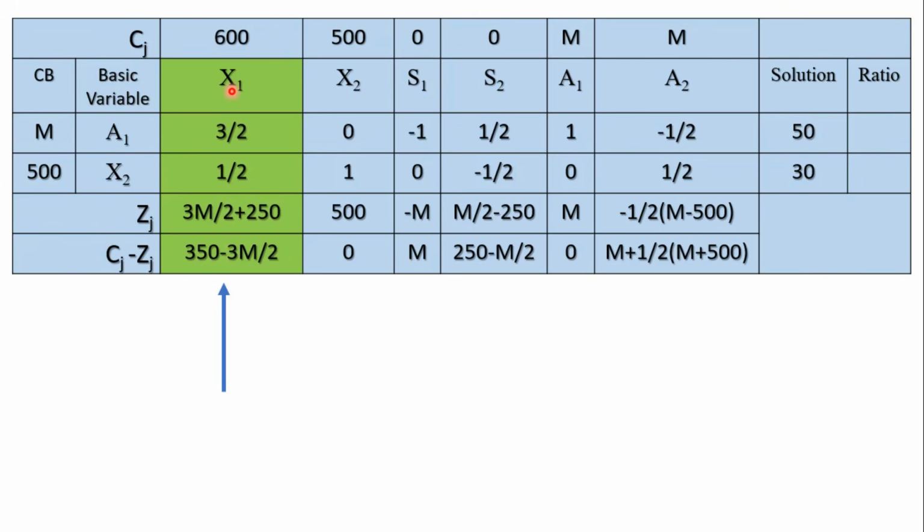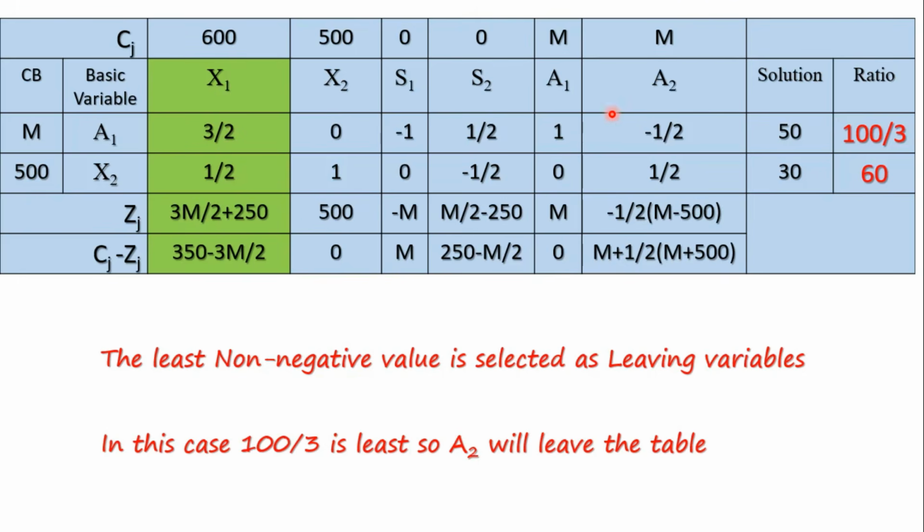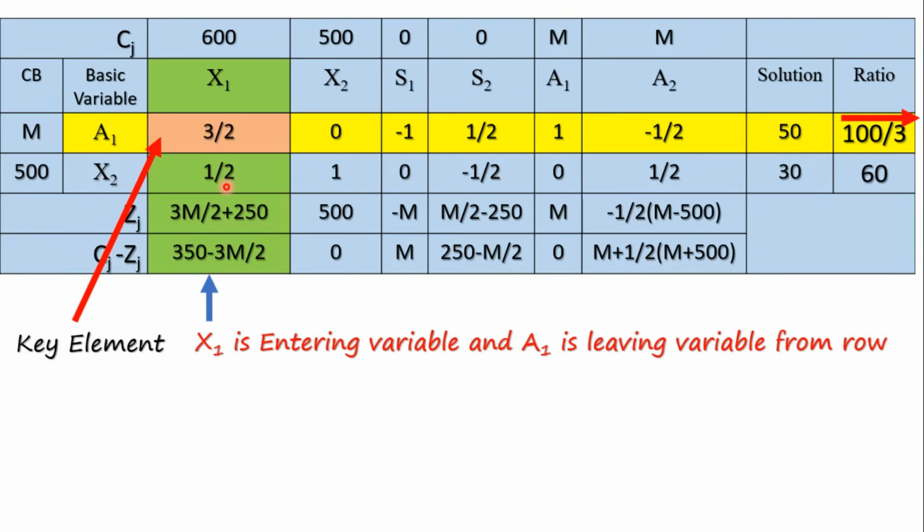Divide the solution by the key column value. 50 divided by 3 by 2, we get 100 by 3. 30 divided by 1 by 2, we get 60. The least non-negative value is selected as the leaving variable. The least one is 100 by 3, which is about 33.3. So A1 will leave the table and X1 will enter the table.